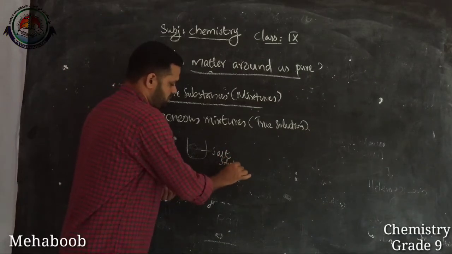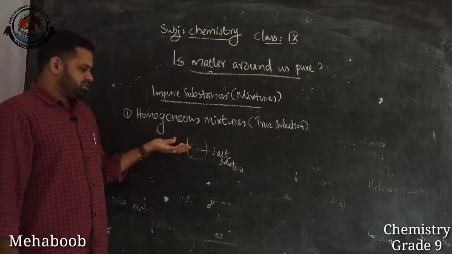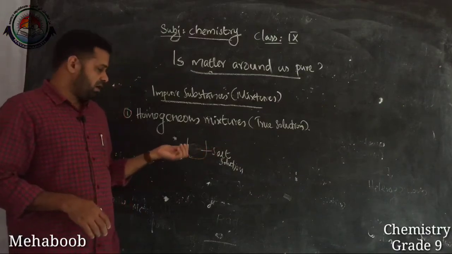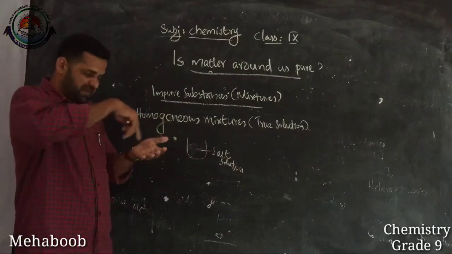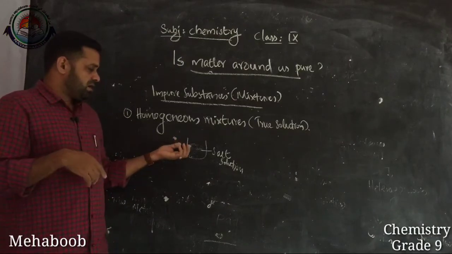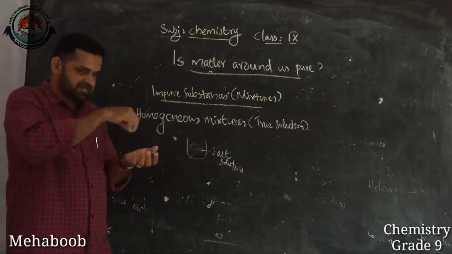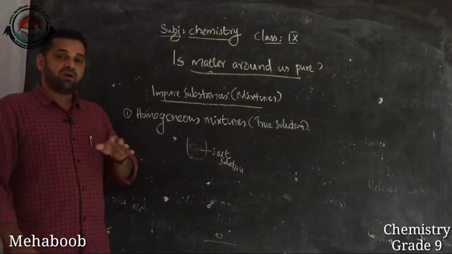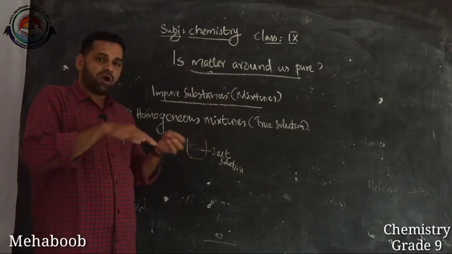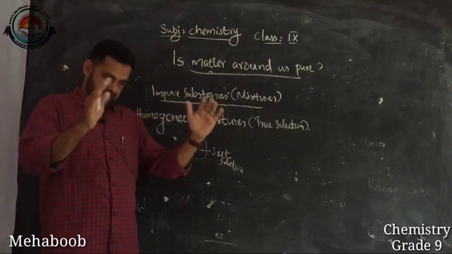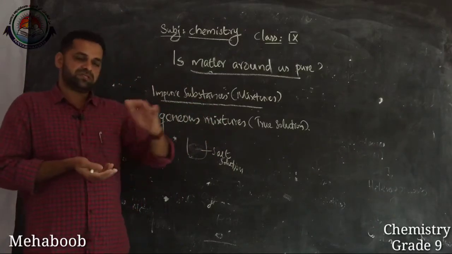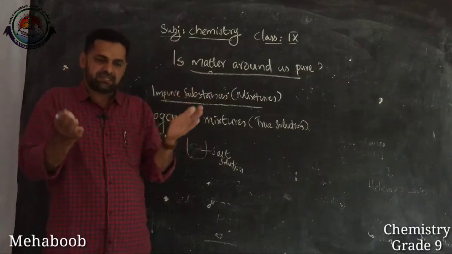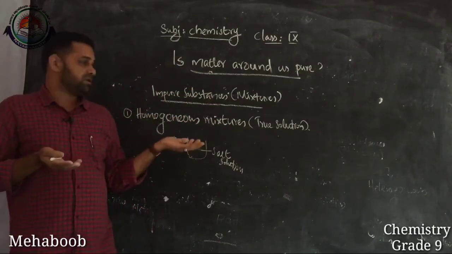When you take some amount of salt solution from different parts of that beaker, if you are stirring it properly, all the portions have the same taste, isn't it? It means all the salt particles are uniformly distributed in that solution. So that is called a homogeneous mixture.